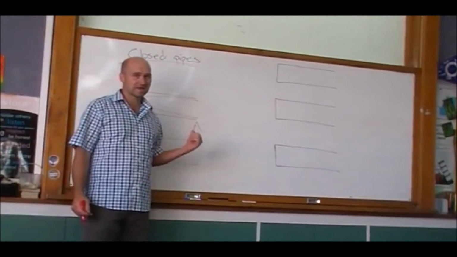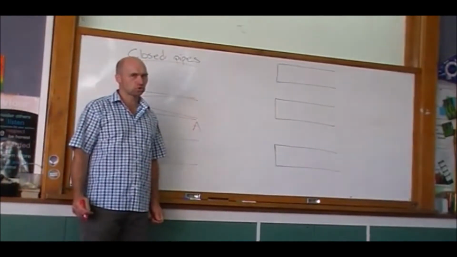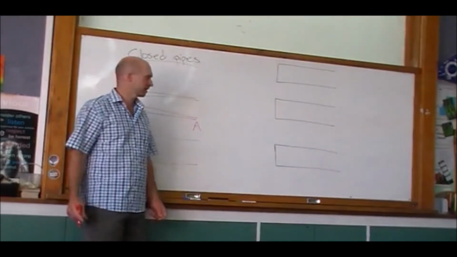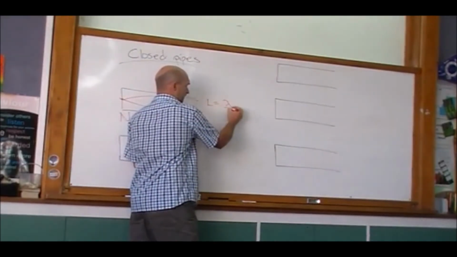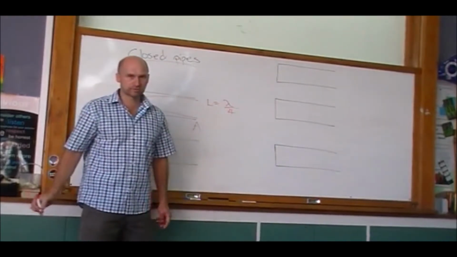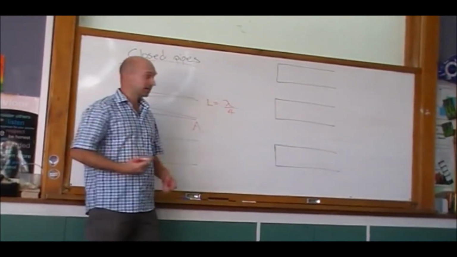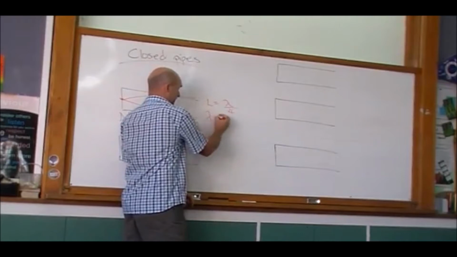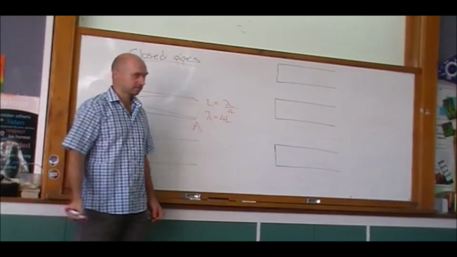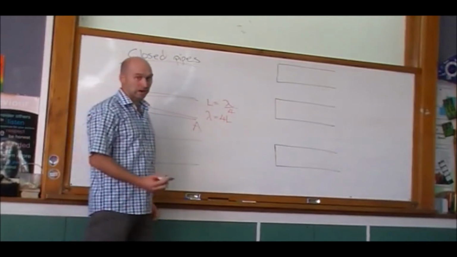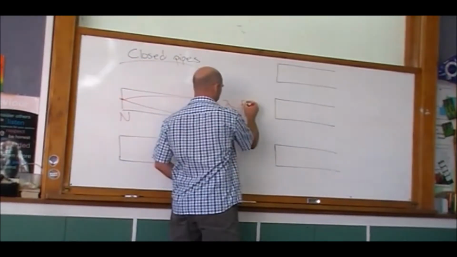How much of a wave is that? That's 1/4 of a wavelength. And so that means that the length of the pipe is 1/4 of a wavelength. That means that the wavelength is 4 times the pipe length for that fundamental wave, that first harmonic.